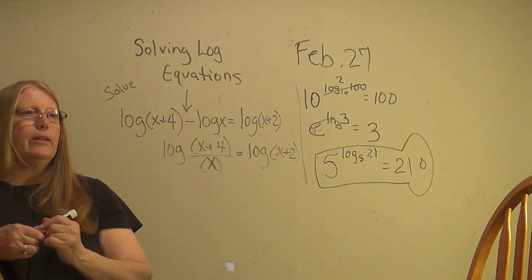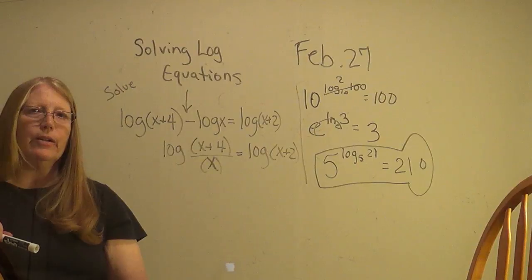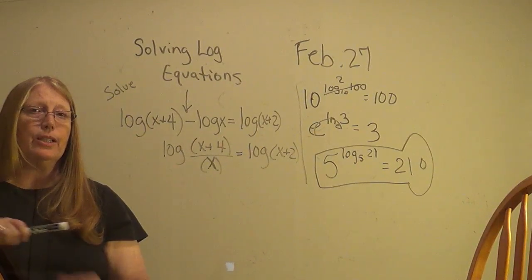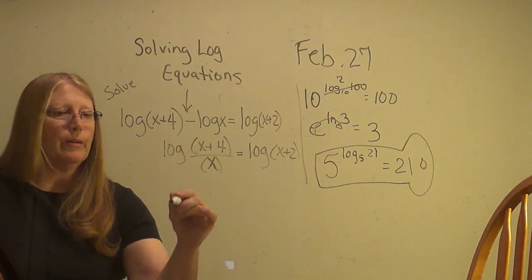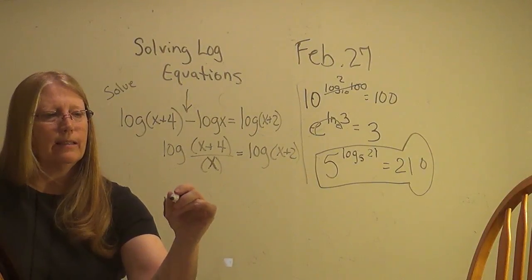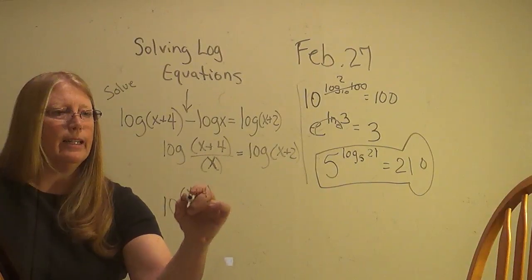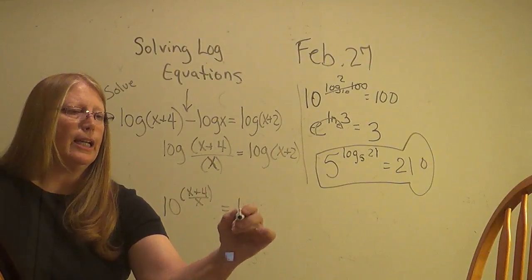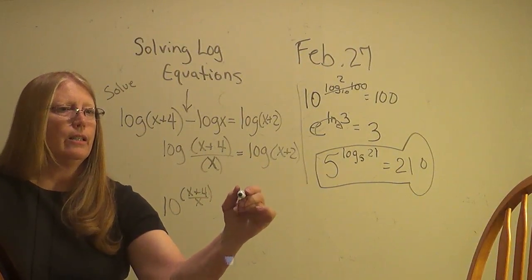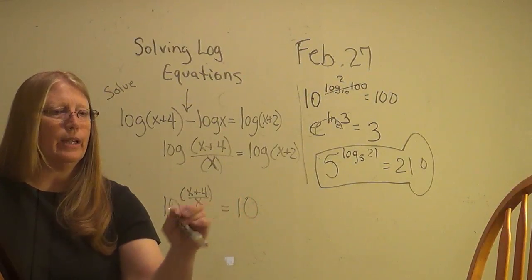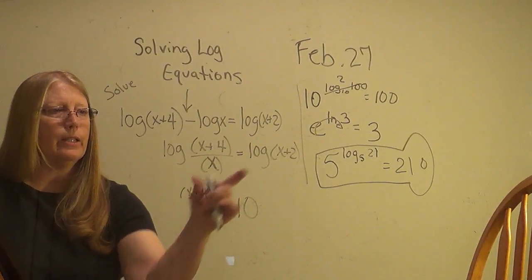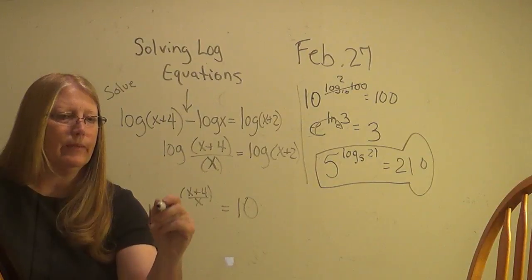Alright, now I have base 10 logarithms going, so I'm going to exponentiate both sides. So I'm going to have 10 raised to the log of (x plus 4 over x) equals 10 raised to the log(x plus 2). This whole thing becomes an exponent.